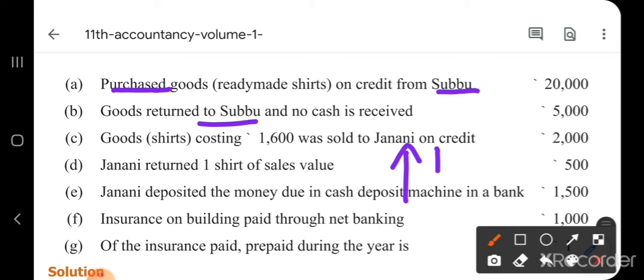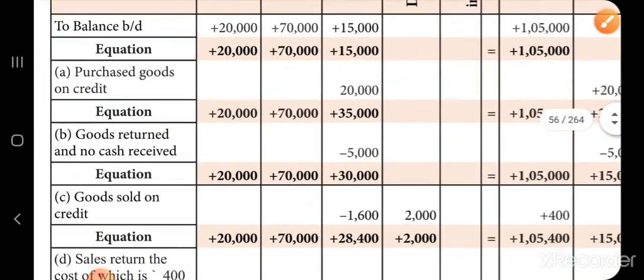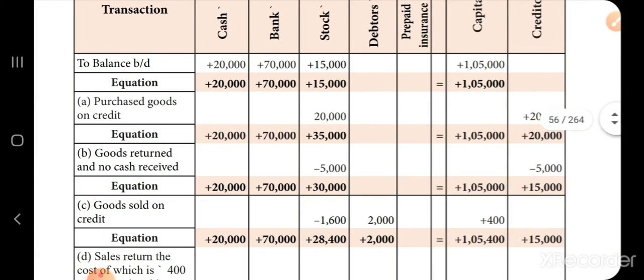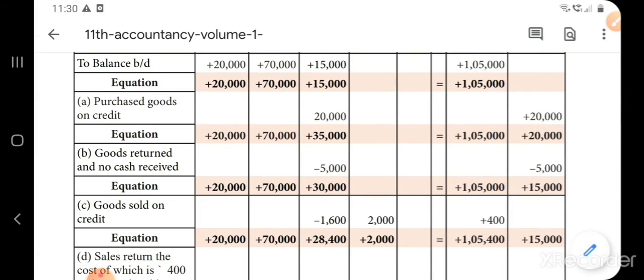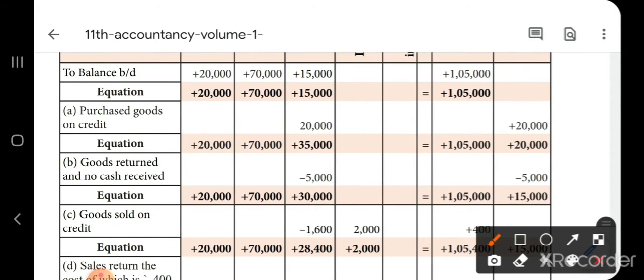Now when you return, the stock gets reduced to that extent, and the creditors is also reduced to that extent because you have returned the goods to the supplier. Now see the transaction here. Goods returned and no cash received. Minus 5,000 you will write in stock because stock is going out from Veena, and the creditors is also reduced to that extent, minus 5,000 in creditors.